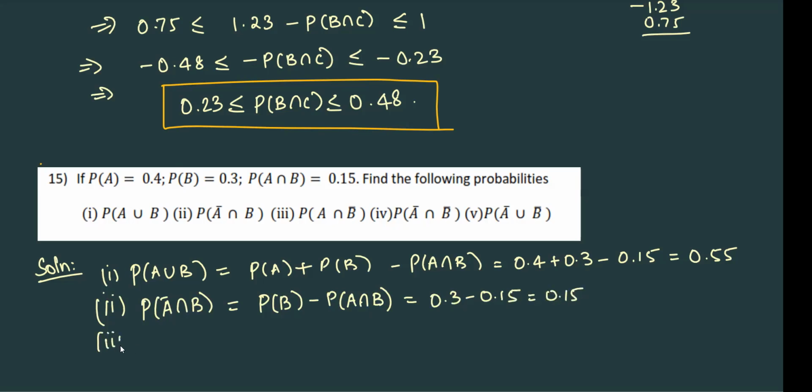Then P of A, but not B. That means P of A minus P of A intersection B. So only A. So it is 0.4 minus 0.15, which is 0.25.